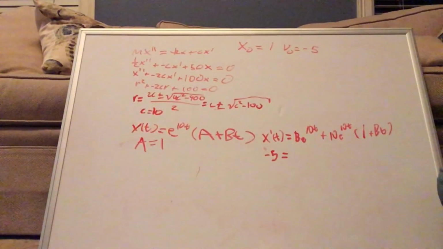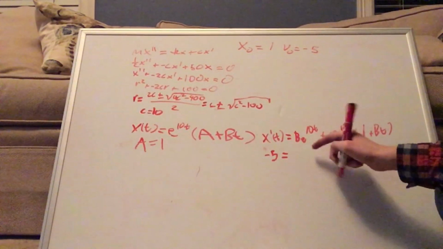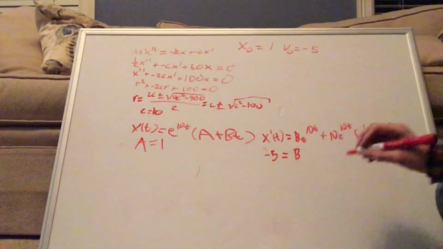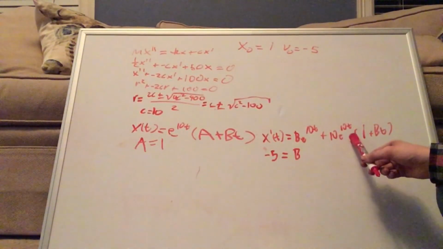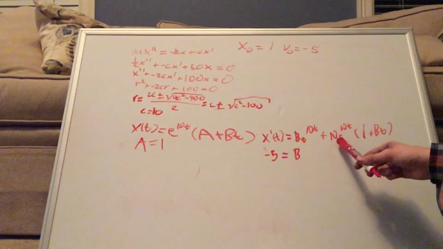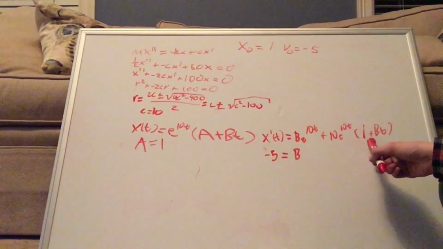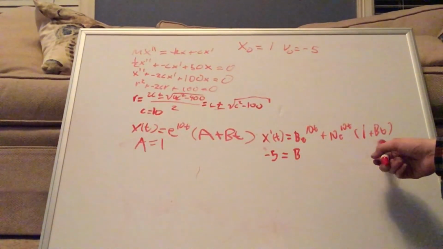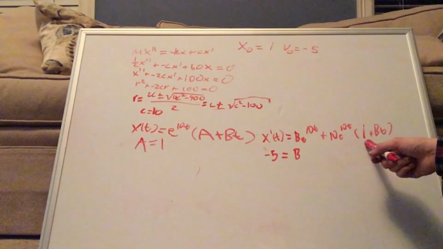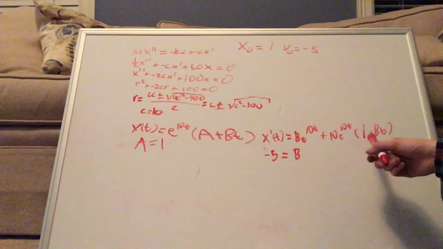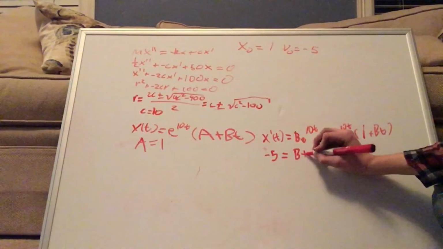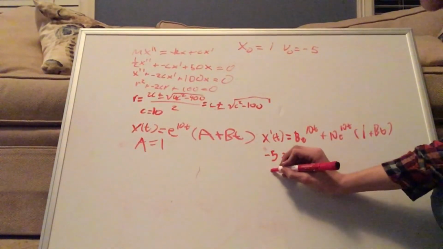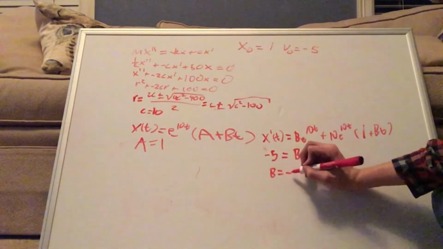So negative 5 equals b times 1 plus 10 times 1 plus b times 0, so plus 10. Subtract 10, b equals negative 15.